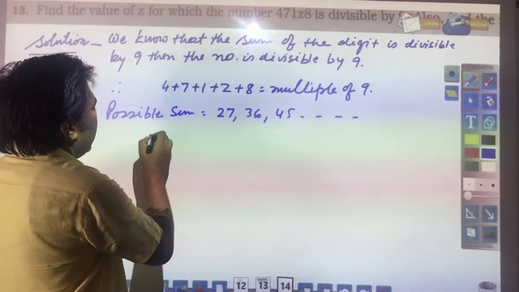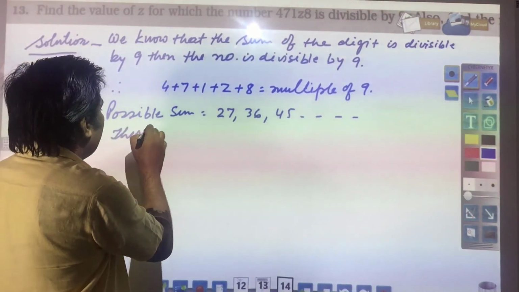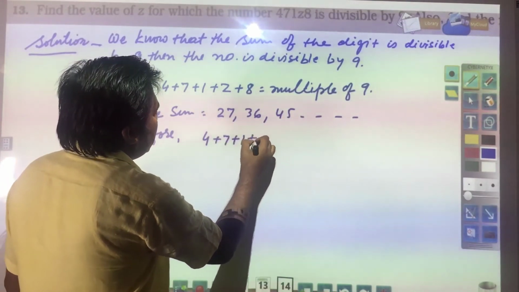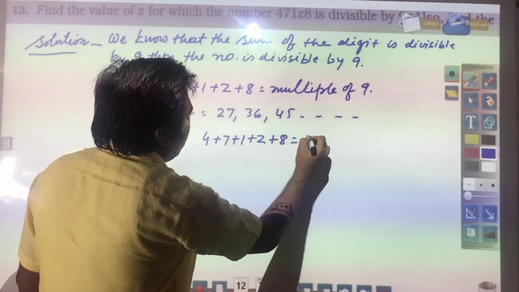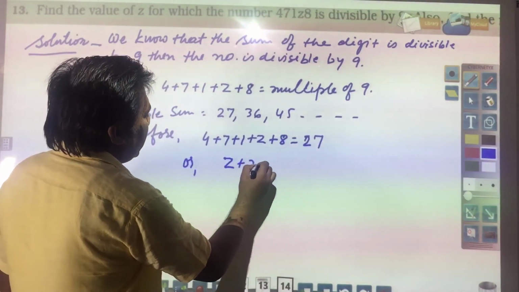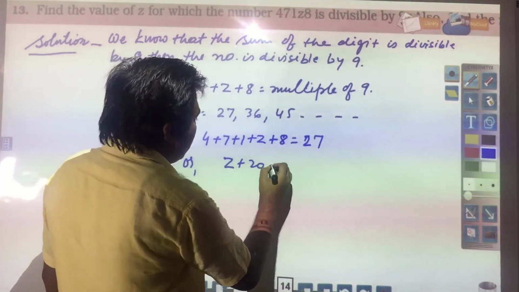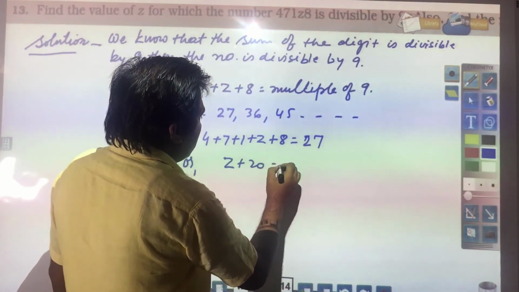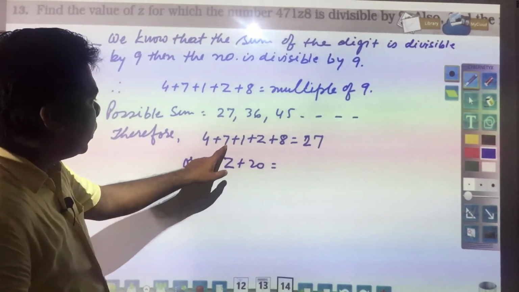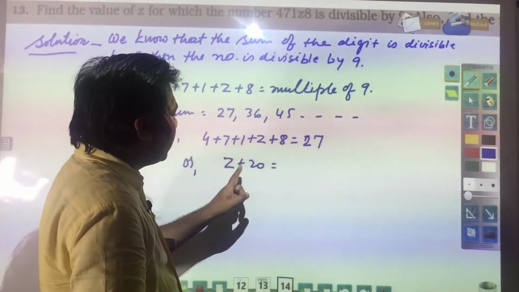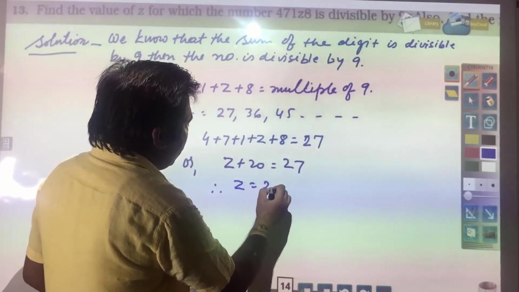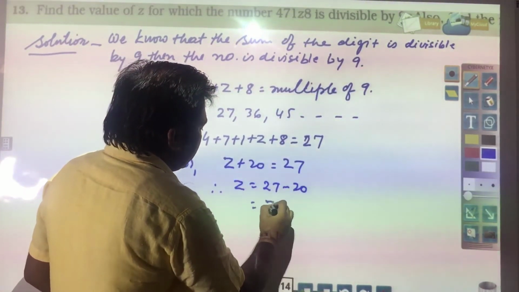So only one number you need to find out, z. Therefore, 4 plus 7 plus 1 plus z plus 8 is equal to 27, or z plus 20 is equal to 27, and therefore z will be equal to 27 minus 20, and that is equal to 7.